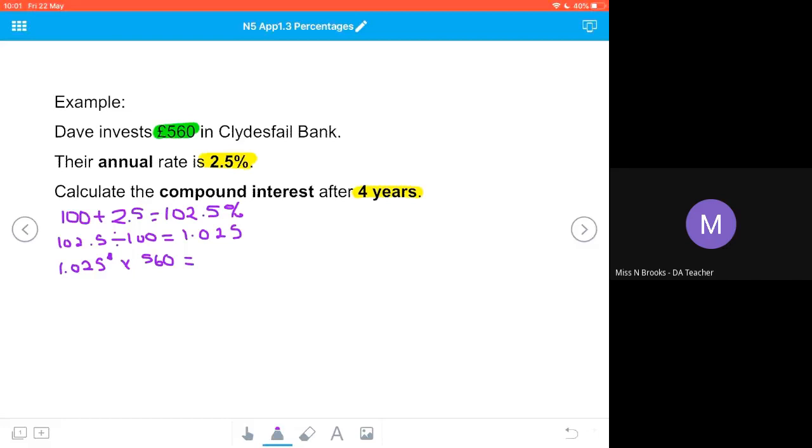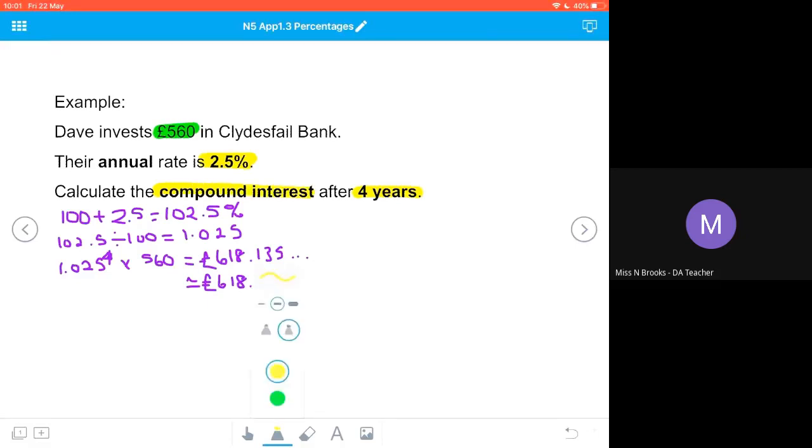So 1.025 to the power of 4 multiplied by 560 gives us 618.135, and we're going to round that to £618.14.